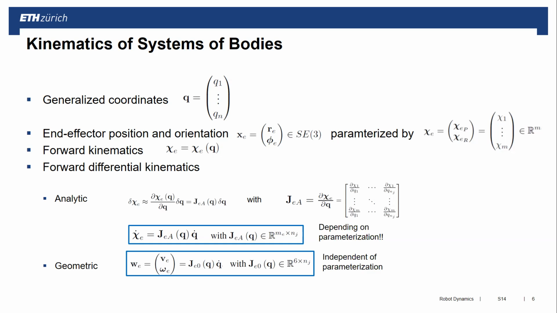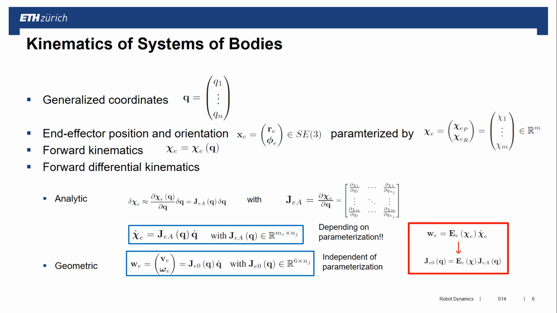So we had two different Jacobians, an analytic one, which depends on the parameterization, and a geometric one, which is independent of it, which really only relates end effector velocity to joint velocity, and vice versa. And again, the matrix that maps from the analytical to the geometric Jacobian is the same E matrix we've seen before.